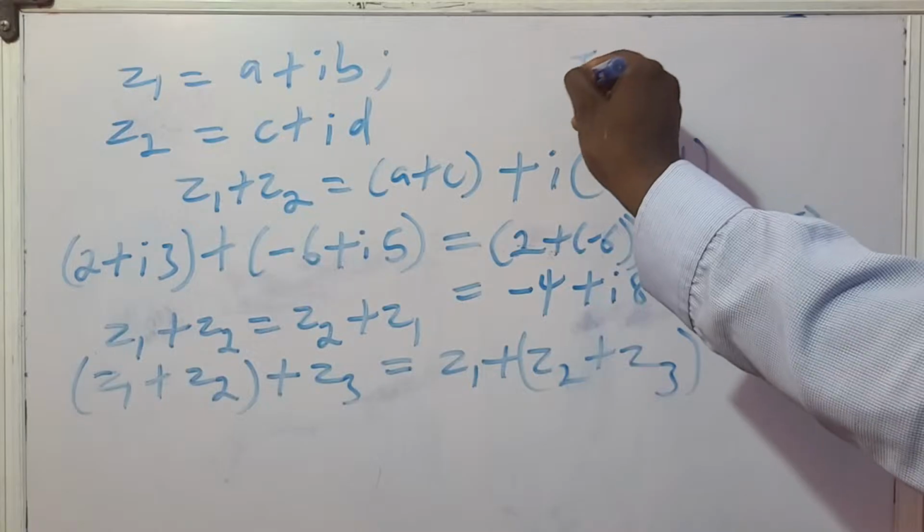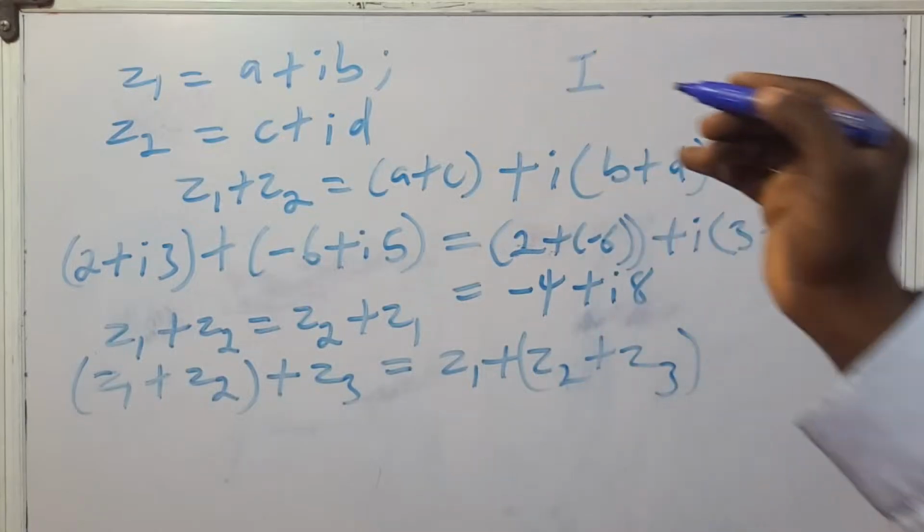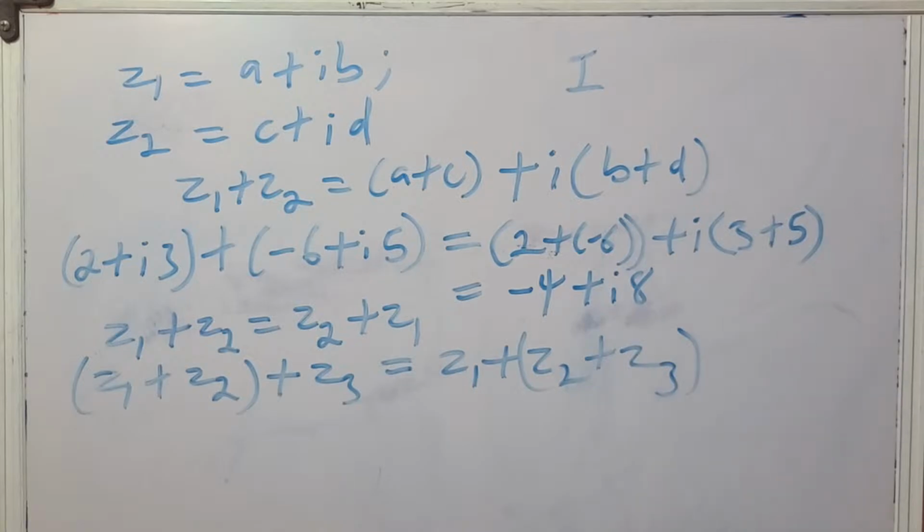Identities always reflect back whatever you use it on. So that means, for instance, if I have under complex number now, we said the existence of additive identity. But let me define that, because when we say additive identity, we're talking about the zero complex number.